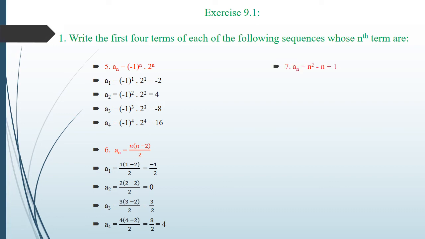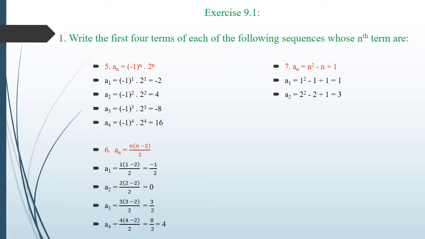Next question, an is equal to n square minus n plus 1. Let us find the first 4 terms. a1 is equal to 1 square minus 1 plus 1, which is going to give me 1 square is 1, 1 minus 1 is 0, plus 1 is 1.